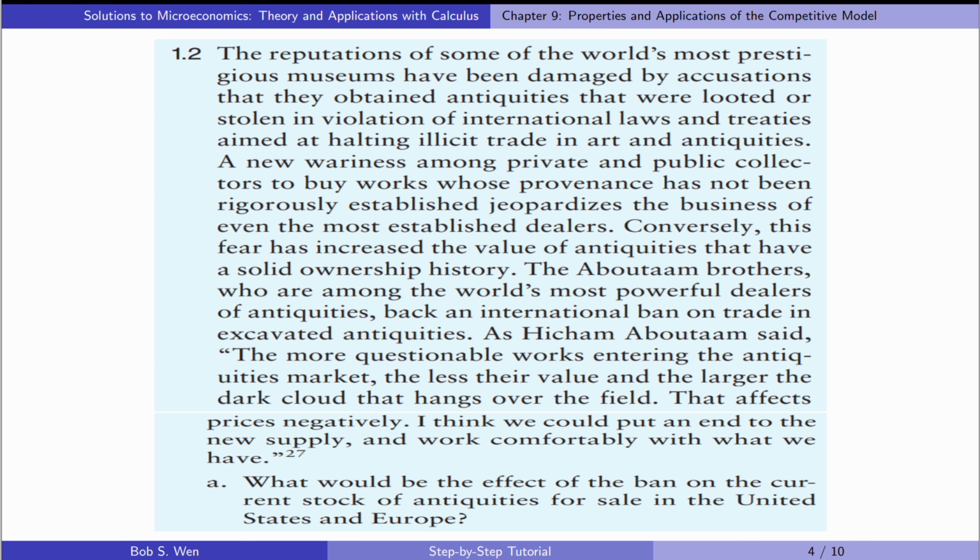As Arbutan said, the more questionable works entering the antiquities market, the less their value and the larger the dark cloud that hangs over the field. That affects prices negatively. I think we could put an end to the new supply and work comfortably with what we have. In Part A, what would be the effect of the ban on the current stock of antiquities for sale in the United States and Europe?